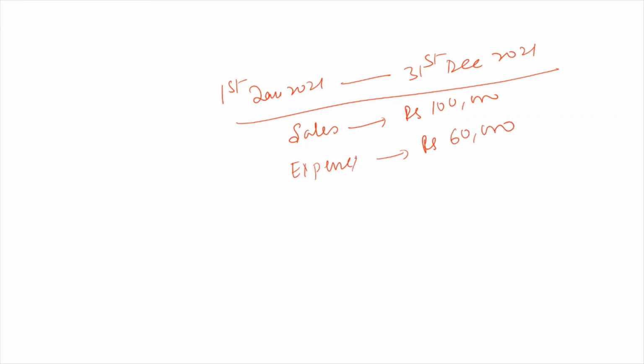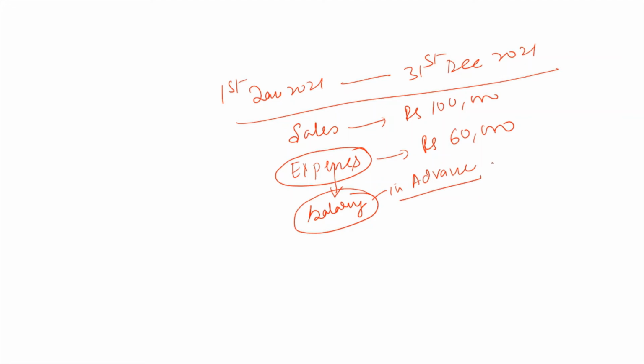When I analyze the expenses, I see that they include a salary which has been paid in advance for the month of January, and that advance salary amount is rupees 5,000. This salary paid in advance has been included in the expenses.